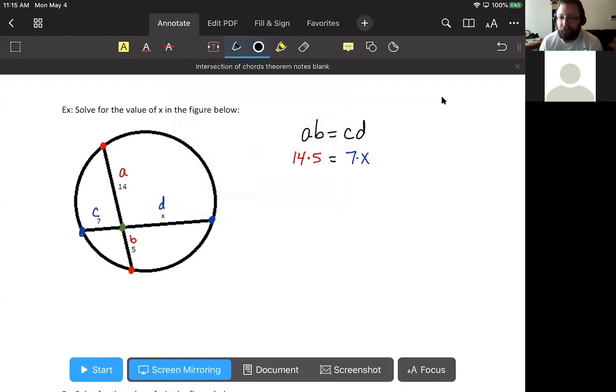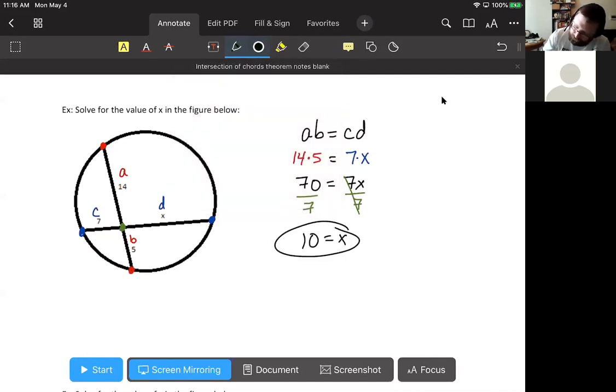One of them is A and B. The other chord is C and D. So we multiply this out, and we have 70 equals 7X. And then we solve that equation by dividing each side by 7, which gives us X equals 10. Okay, X equals 10.